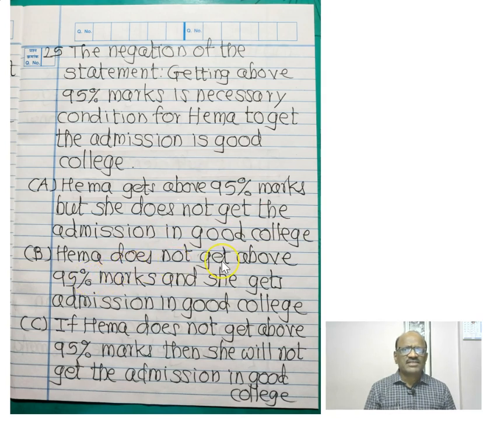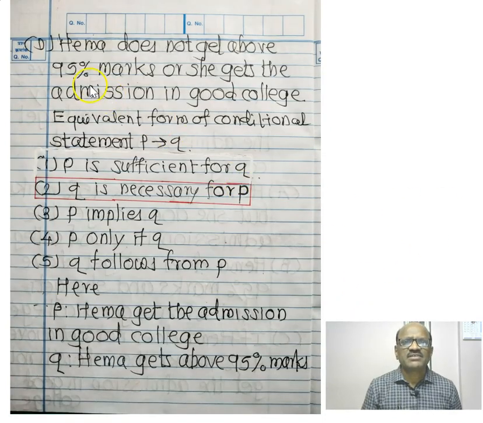Hema does not get above 95% marks, and she gets admission in a good college. If Hema does not get above 95% marks, then she will not get admission in a good college. Now see this, separate the statement. The last is Hema does not get above 95% marks, or she gets admission in a good college.